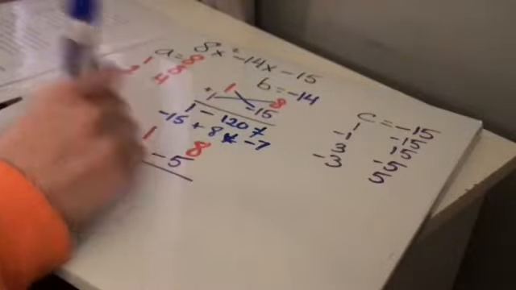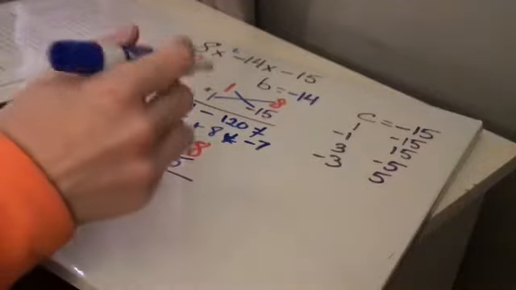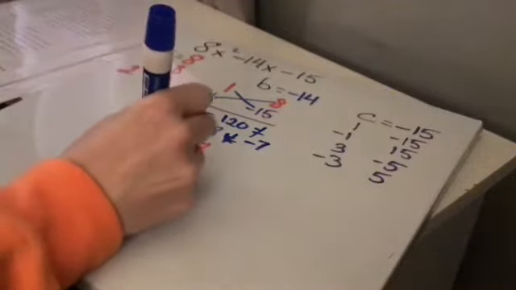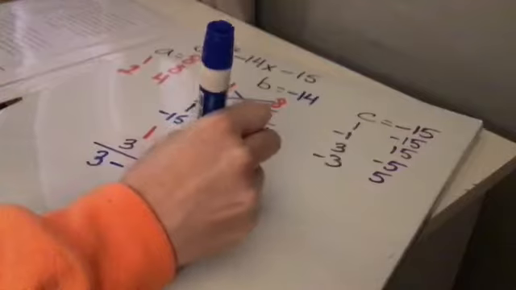Okay, well 1 times 3 is 3, and 8 times negative 5 is negative 40. So that doesn't work.